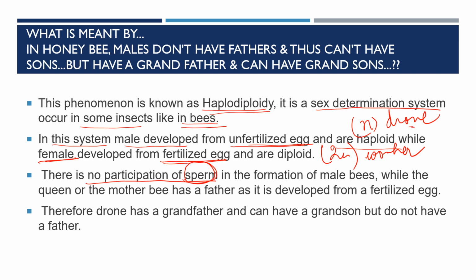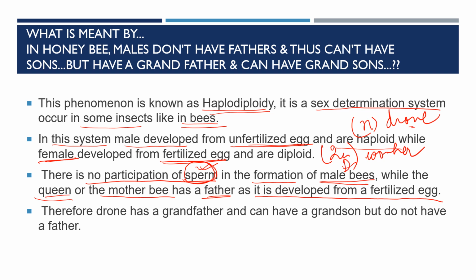There is no participation of the sperm in the formation of male bees, while the queen or the mother bee has a father, as she has developed from a fertilized egg. So the mother bee has a father. As there is no sperm contribution in the formation of the male bees, the drone will not have any father. It's clear now, right?